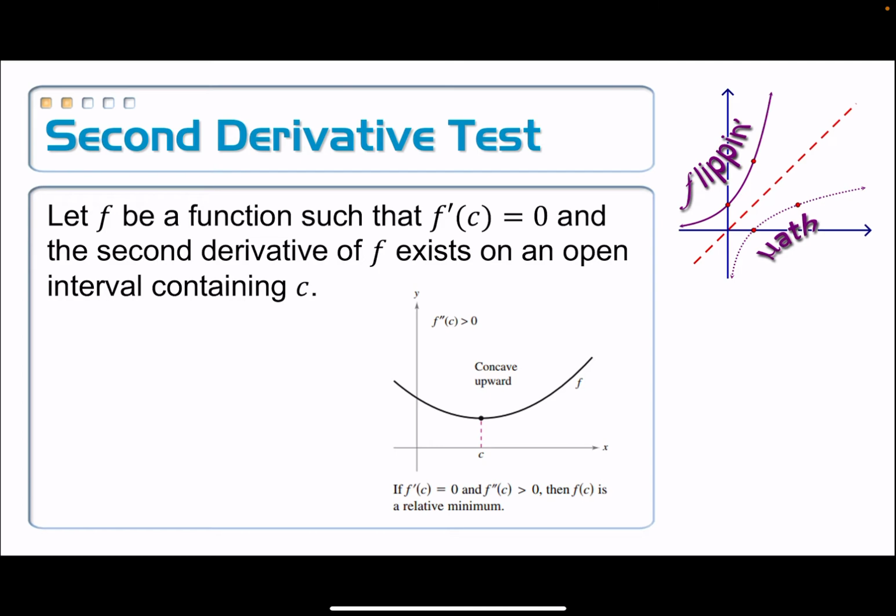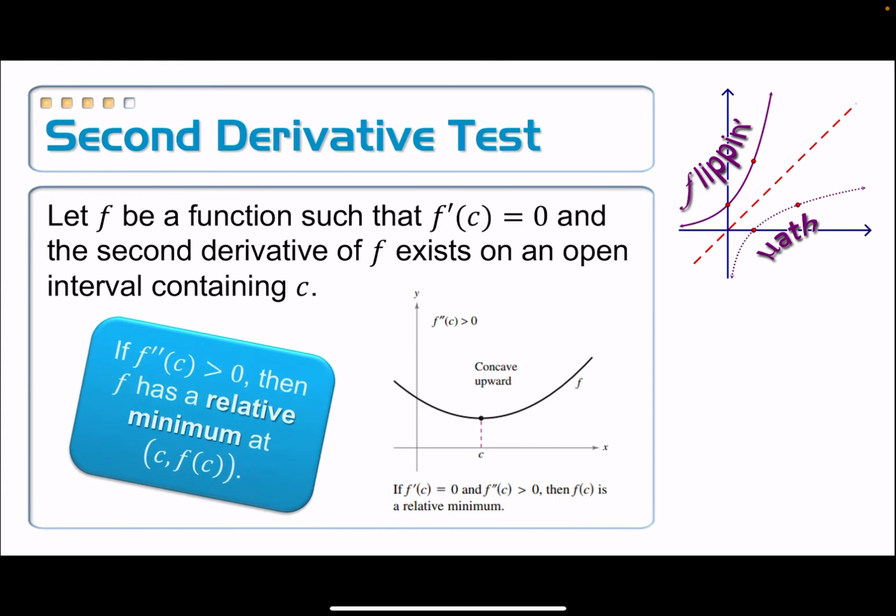So let f be a function such that f prime of c is equal to 0, and the second derivative of f exists on an open interval containing c. It needs to exist because we're going to plug that value of c into the second derivative to see if it's positive or negative. Right. So here's the first part of it.